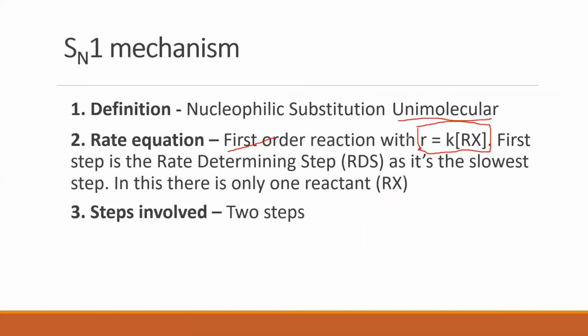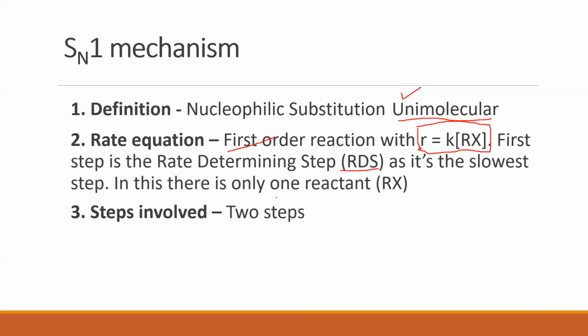Whereas what's happening here? The rate is only dependent upon alkyl halide. Since the rate is dependent on only one molecule, and that is an alkyl halide, we call this unimolecular. Now, why is the rate dependent on only RX? Because the first step is the rate determining step, RDS, and it's the slowest step.